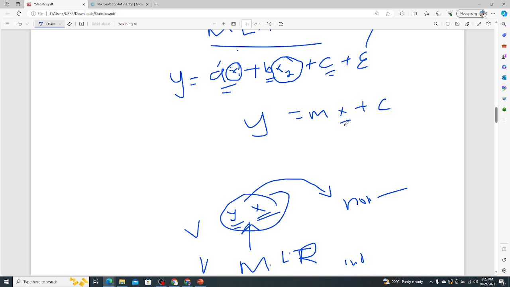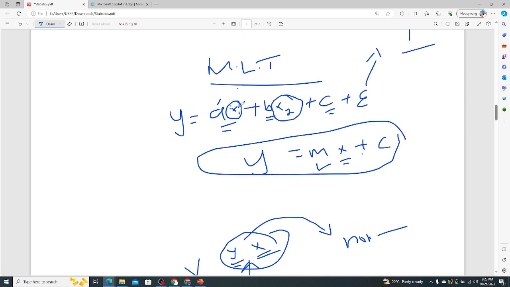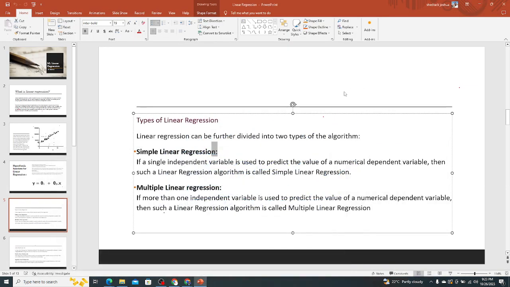We only have one independent variable, so this is an example of simple linear regression. And the one with more than one independent variable becomes the multiple linear regression.